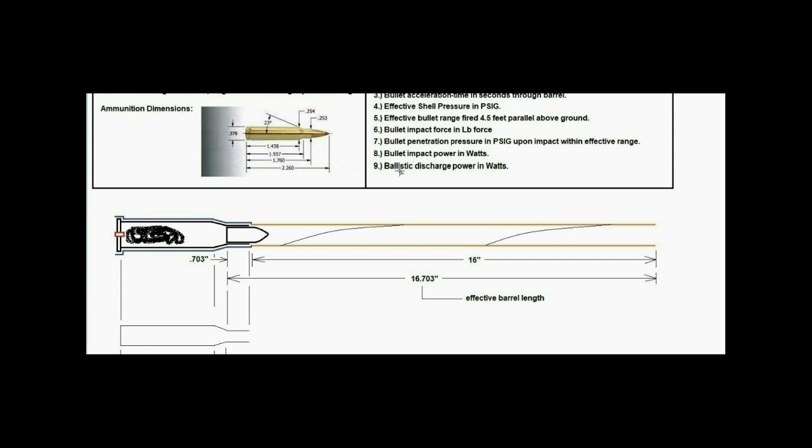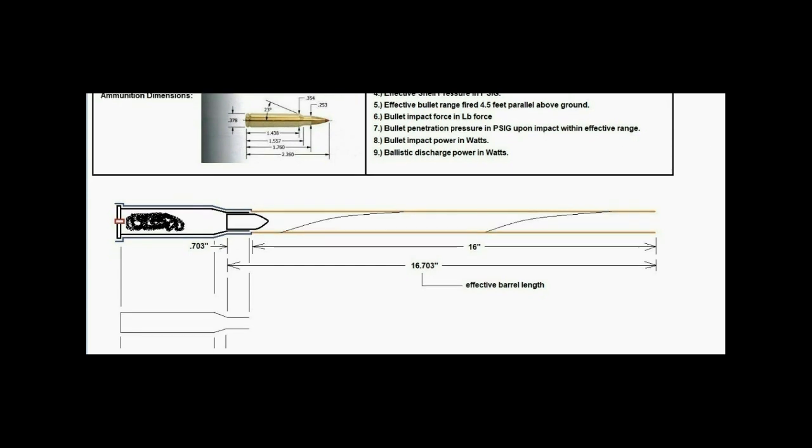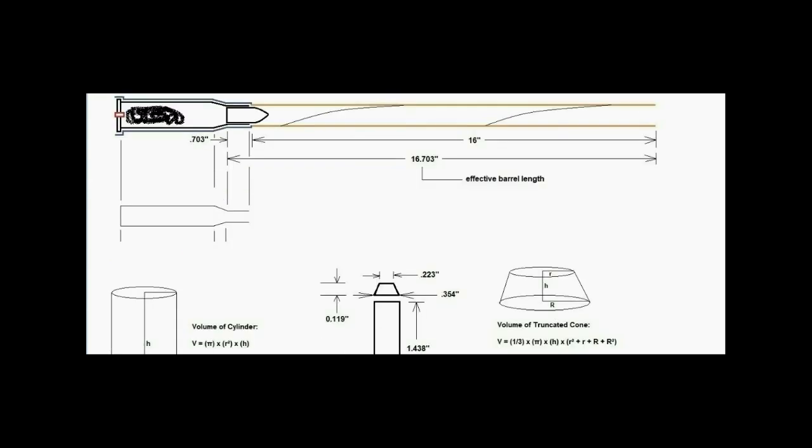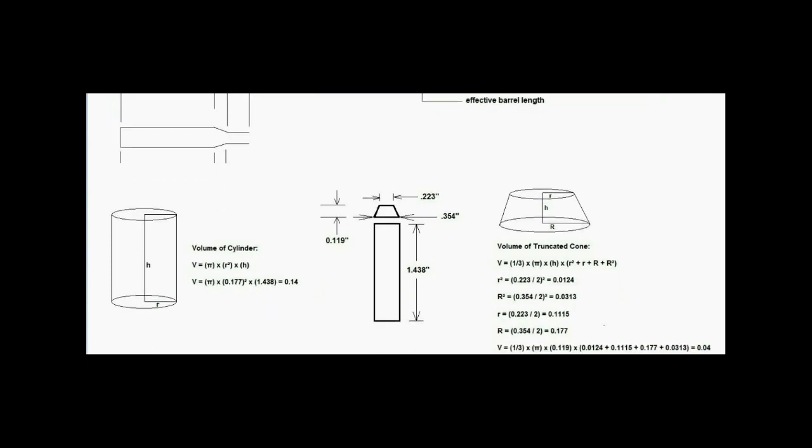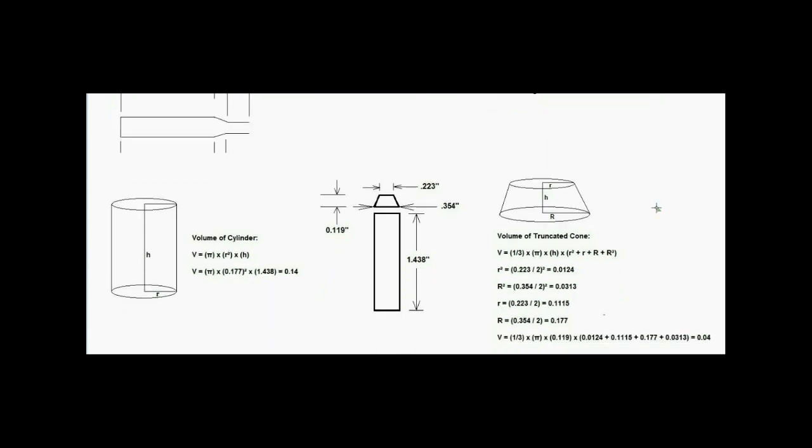So with that information, we can go down here and then compute the effective shell volume in two sections. One is the conical taper volume, which is solved by using the volume of a truncated cone formula here, and the volume of a cylinder formula here.